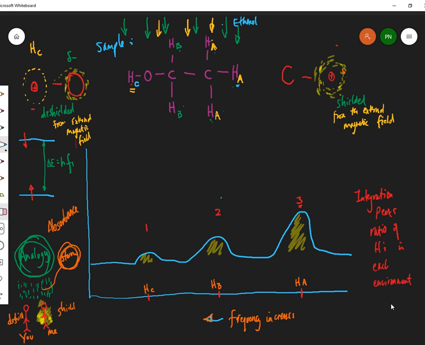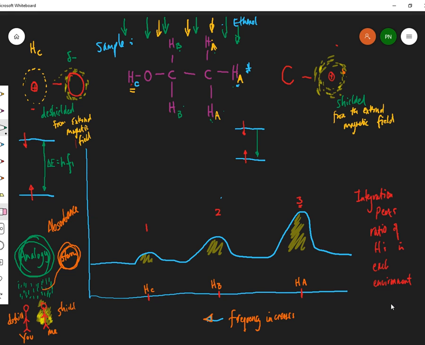So let's go over to this proton now. The energy gap for this proton would be smaller because the protons in these hydrogens are experiencing less of the external magnetic field. So the energy gap for these ones will be much less.